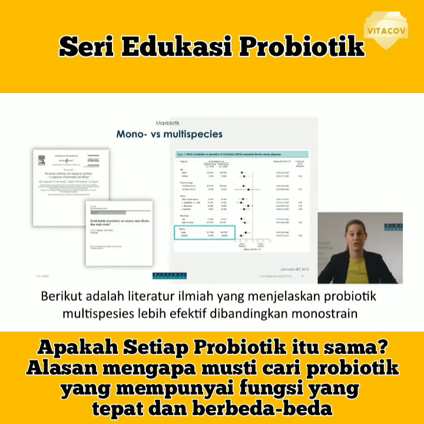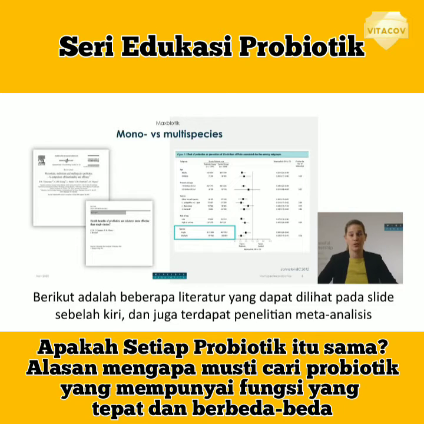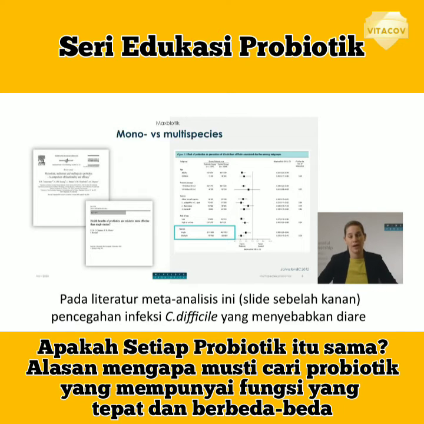Also, when we look at literature, and when it's possible to compare multi-strain with multi-species probiotics, we see that multi-species probiotics are more effective. It's shown in a few papers that you can see on the left hand of the slide, but sometimes it's also shown in meta-analyses. On the right hand of the slide you see a meta-analysis of probiotics for the prevention of Clostridium difficile associated diarrhea.